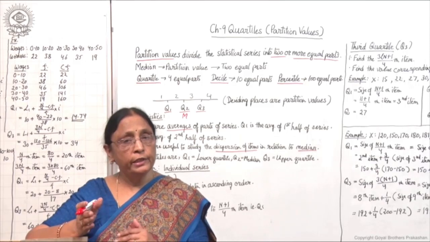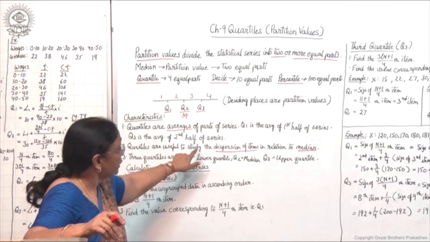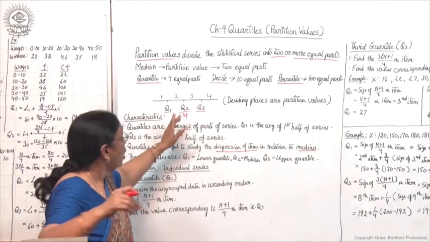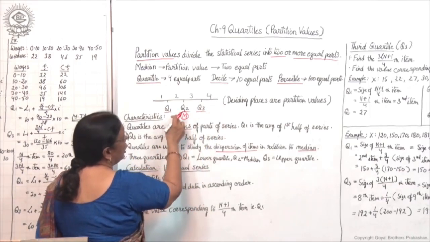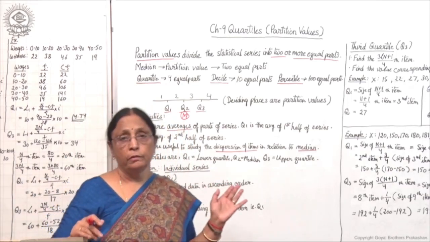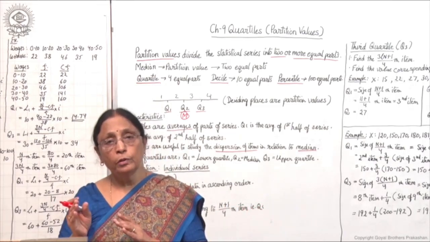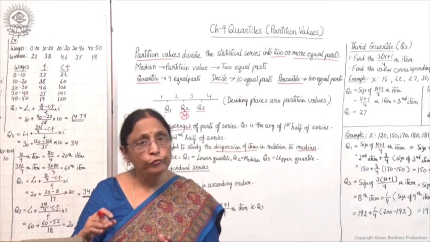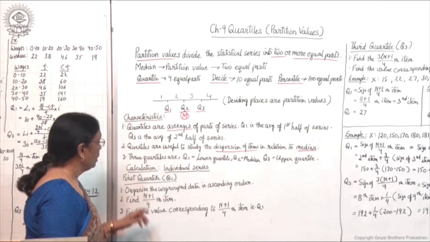You will study measures of dispersion in detail in the next chapter, but here quartiles show how much the items are scattered from the median on this side and on the left-hand side. This means how far Q1 is from Q2 and how far Q3 is from Q2.